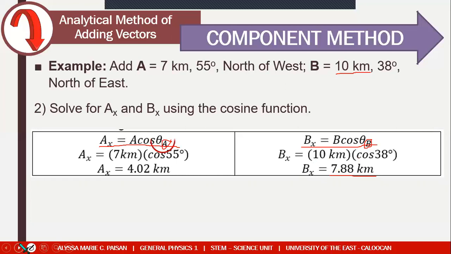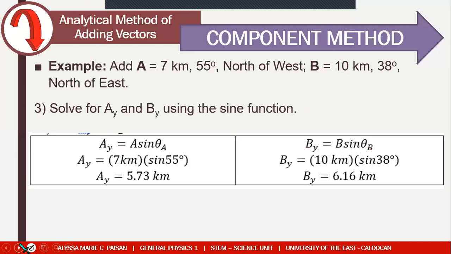So number 3, after the x component, you have to solve for A sub y and B sub y, which are the y components of vectors A and B. Okay? So again, the y component is associated with the sine. That's why we have the sine there.